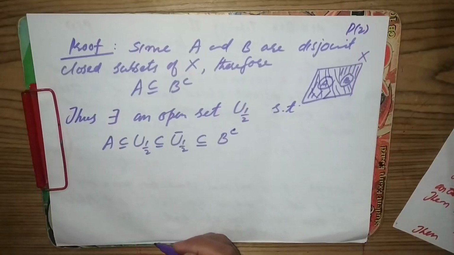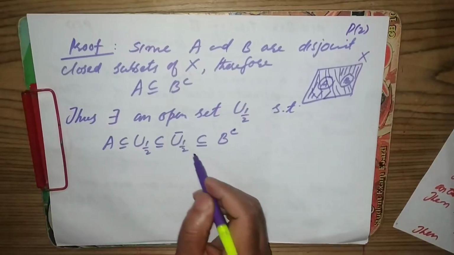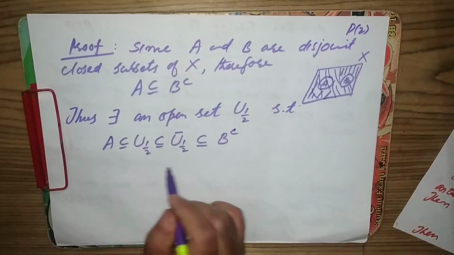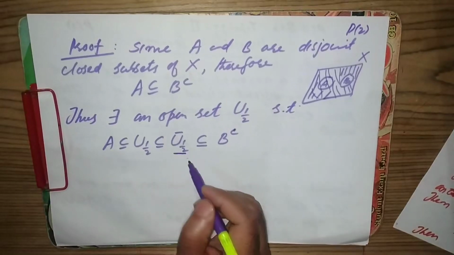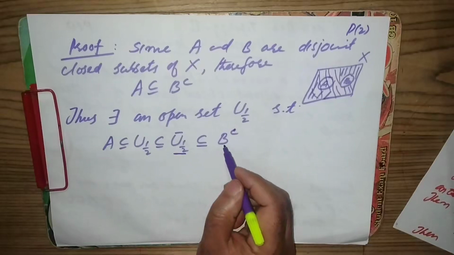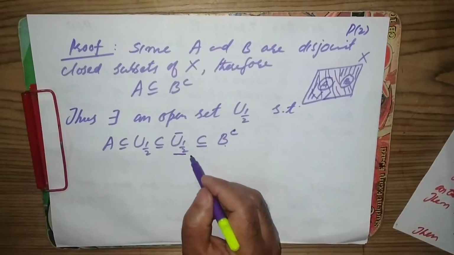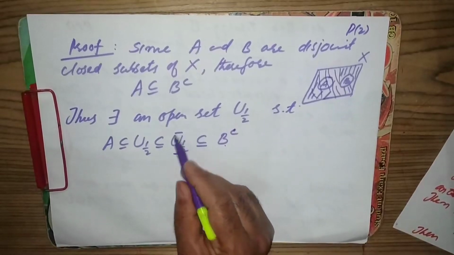Now the closure of U_{1/2} is a closed set, and B complement is an open set containing this closed set.